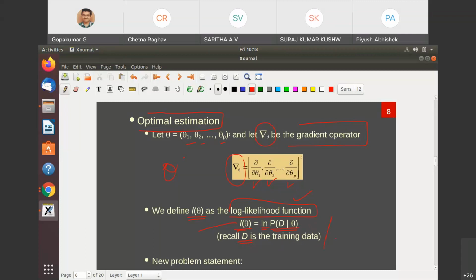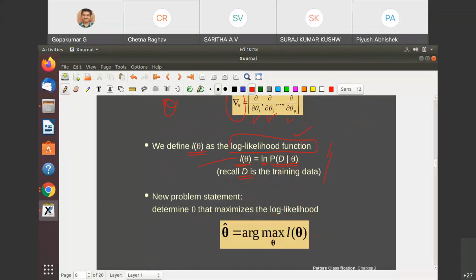So the new problem statement is that we have to determine the theta that maximizes the log likelihood function. Earlier, before introducing the log likelihood, it was maximizing the likelihood. Now it is maximizing the log likelihood. That is again theta cap, which is the theta that maximizes the log of the likelihood function.